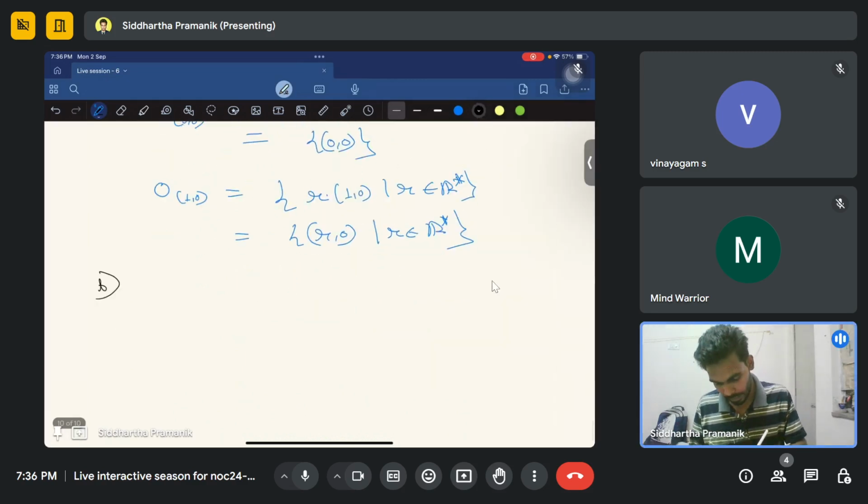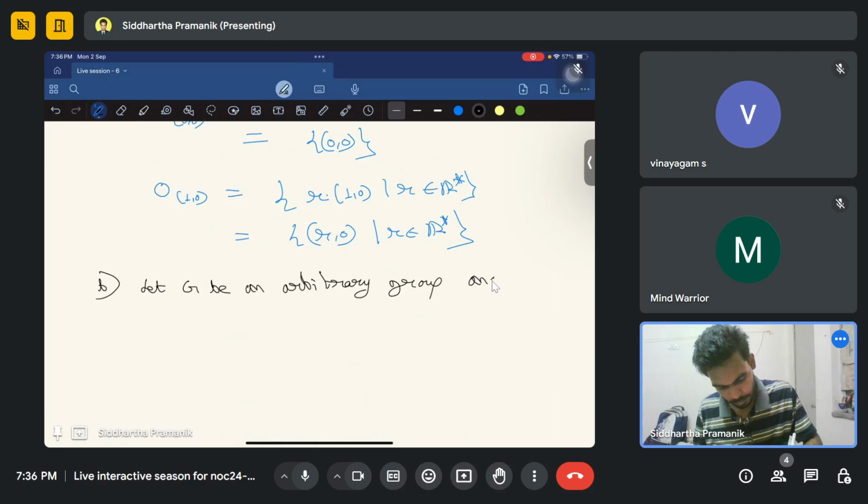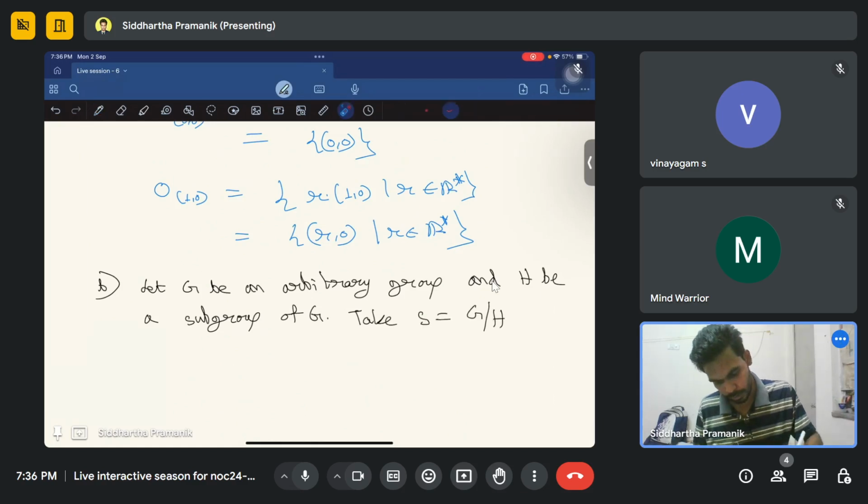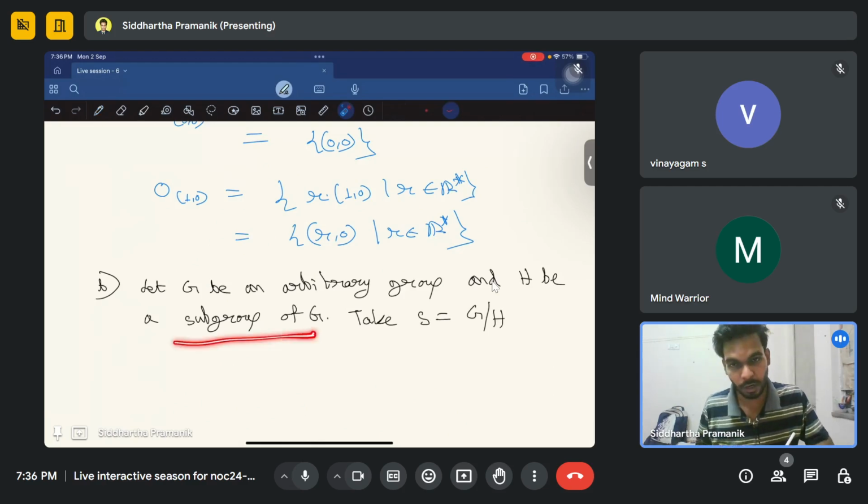Okay, so let G be an arbitrary group, and H be a subgroup of G. Then set S equal to G mod H. Remember that H is only a subgroup, not a normal subgroup.